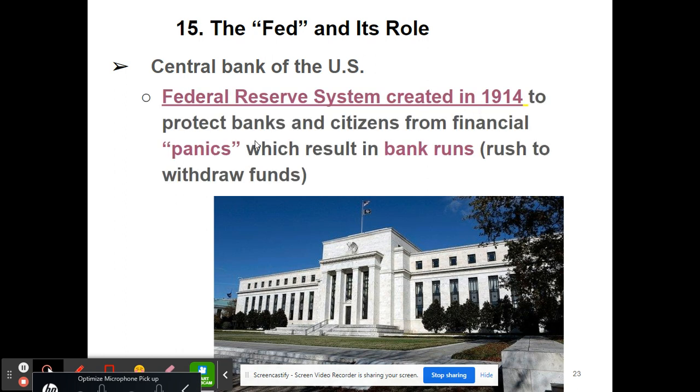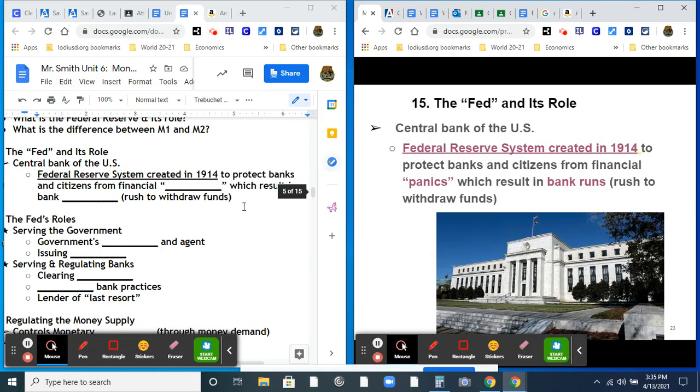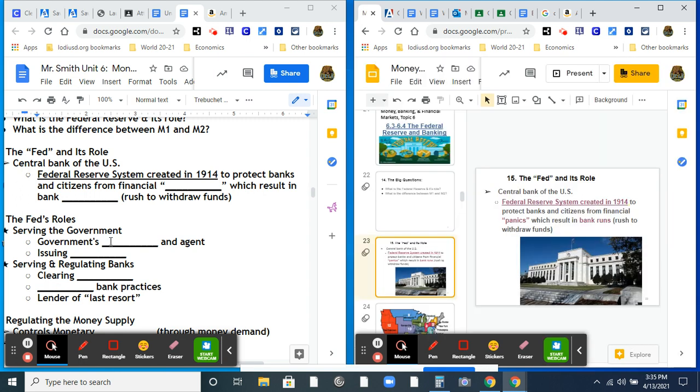It was created in 1914 to protect banks and citizens from financial panics, or basically runs on the bank, where depositors run to the bank and try to pull out all their money. And that would happen because you didn't want to go to the bank and be last in line, and all the money and your hard work that you put in there just gets taken because the bank mismanages its money.